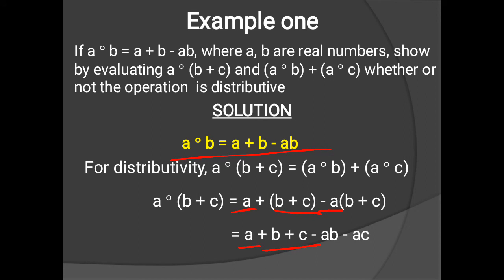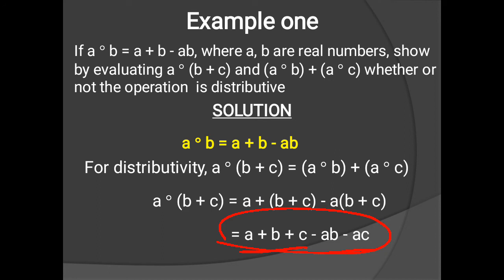Negative A times B is negative AB. Negative A times C is negative AC. Then we check if there is anything we can add or subtract, or group like terms. We can't add AB and AC, we can't subtract AC from AB, so we can't simplify further. So this is the answer for A operation (B plus C).